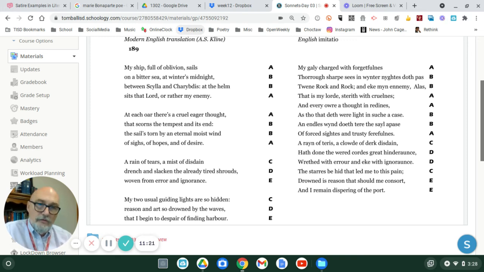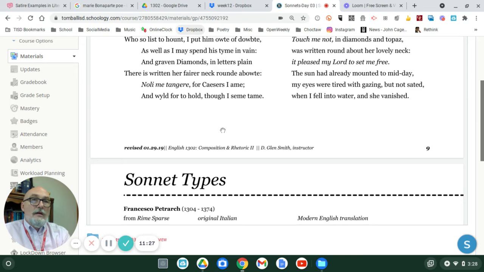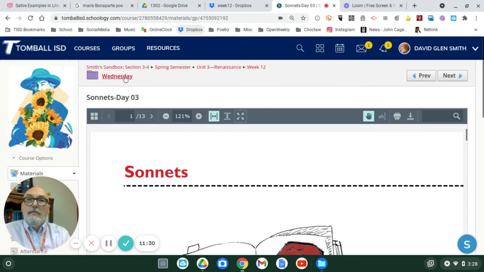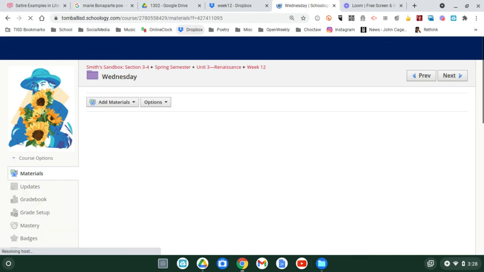What you are going to do in an academic paragraph, okay, you are going to give me your observations on page 11 of that poem, those two versions of the poem.